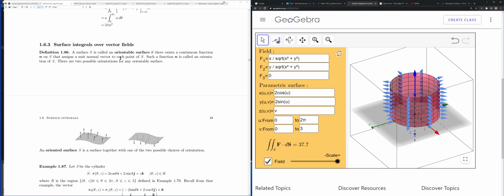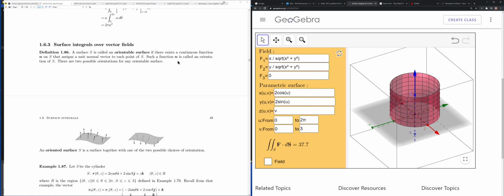So a surface S, such as this red cylinder, is an orientable surface if there's some function defined on the surface such that at each point on your surface, the function assigns a unit normal vector. That function is called small n, n for normal.